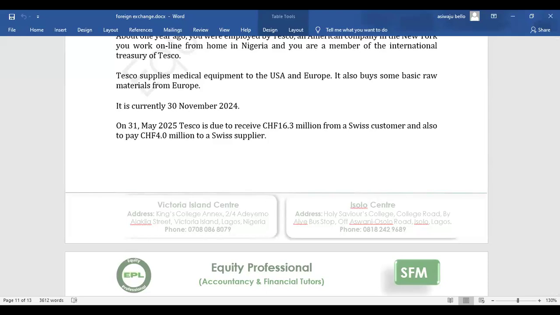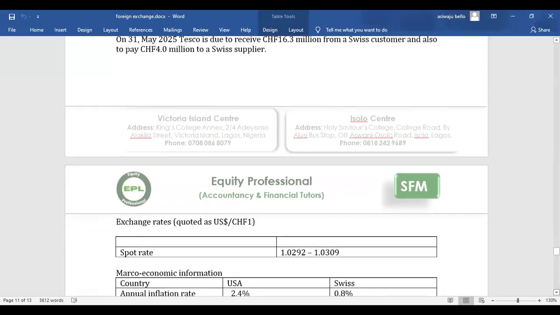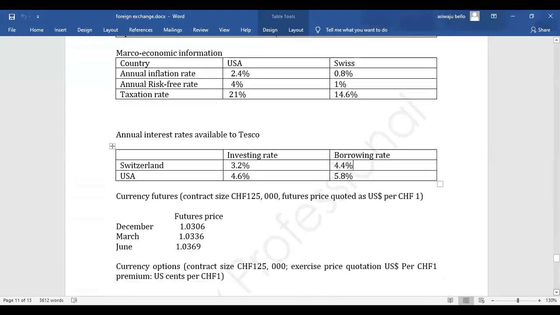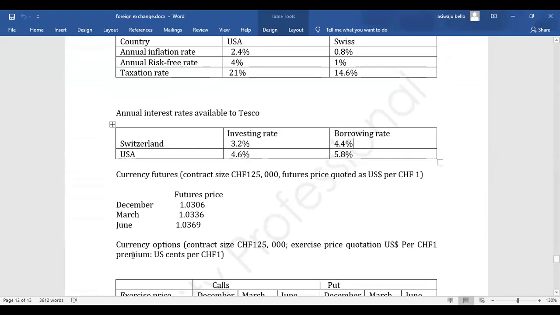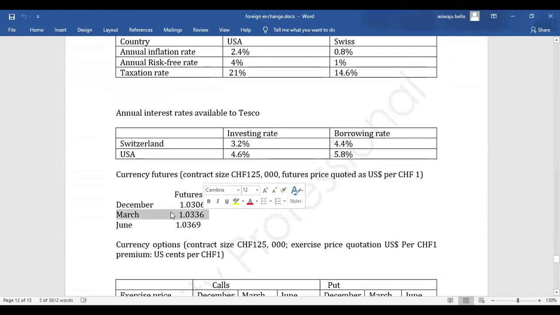Now, please note, that price attached to that contract is the opening futures price. This is the opening futures price for June. This is the opening futures price for March. This is the opening futures price for December. So my appropriate contract is the June contract.